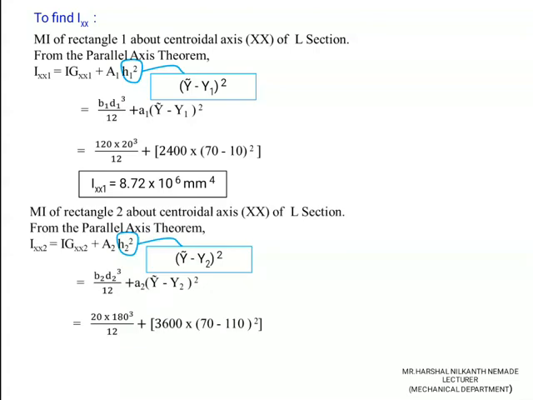Moment of inertia of rectangle 2 about the centroidal axis xx of the L section from the parallel axis theorem: Ixx2 is equal to Igxx2 plus a2 h2 square. h2 square I will write as y bar minus y2 square. After substituting all values in the formula, I will get Ixx2 is equal to 15.48 multiplied by 10 raised to 6 mm raised to 4.